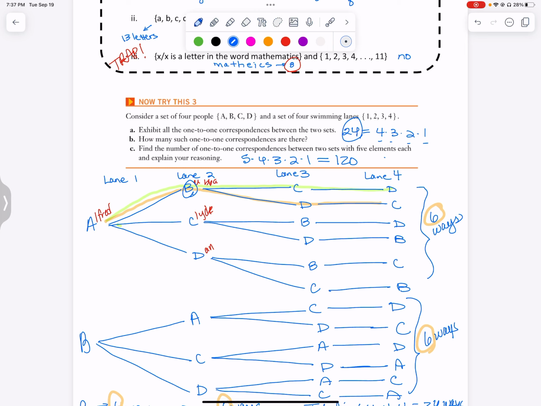So find how many. Let's look at C. Find the number of one-to-one correspondences between 2 sets with 5 elements. In other words, we had A, B, C, D, E. We had Elroy. So Elroy was in there, and we have a 5th lane. So how many could we have?